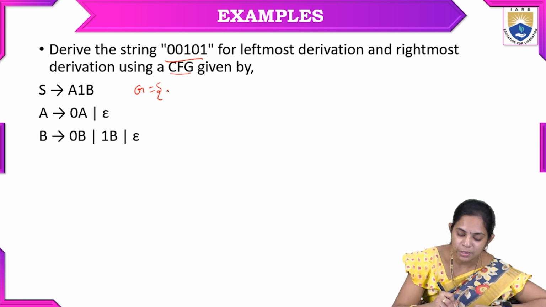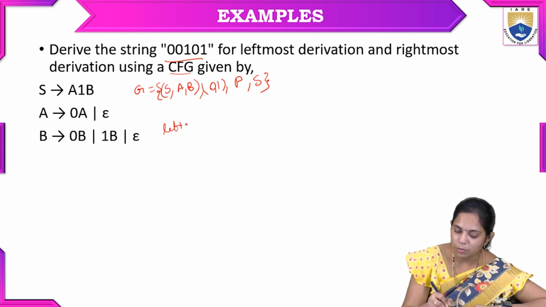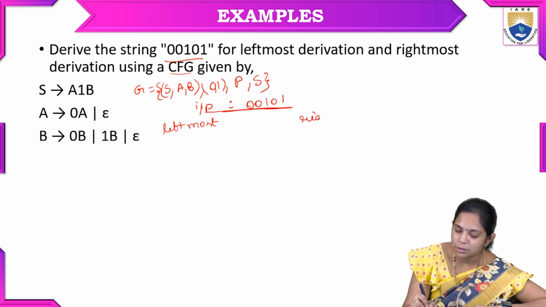So what is the grammar, in the sense, we have the non-terminal set S, A, B. And what are the terminals? So terminals are 0, 1. And next, these are the production rules and S is the start state. So here we will derive the leftmost and rightmost derivation for the input string 00101.